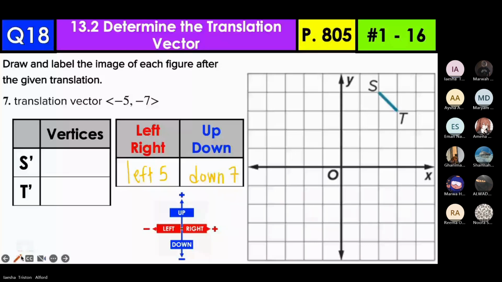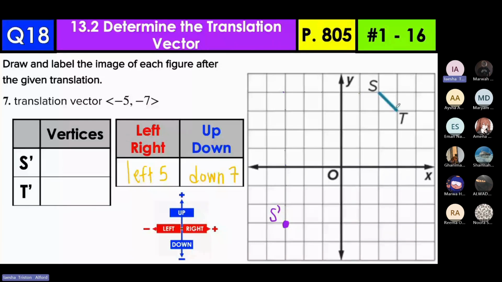So S has to go left 5: 1, 2, 3, 4, 5, and down 7: 1, 2, 3, 4, 5, 6, 7. What is the name of this point now? S prime.